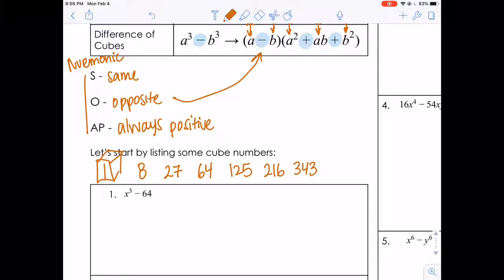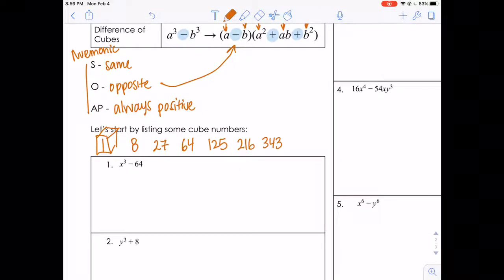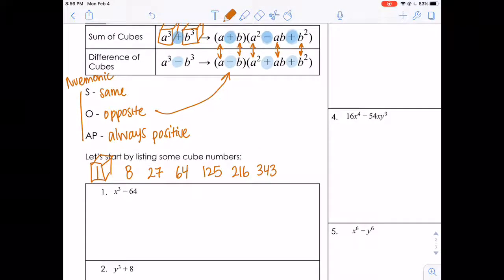So I have these ones. These are pretty much the biggest that they go. So I just want to take a look and see if there's any that I can recognize. So let's start with a super simple one that just follows the rules. So if I have x to the third, and I have 64, I know that both of those are cubed numbers.